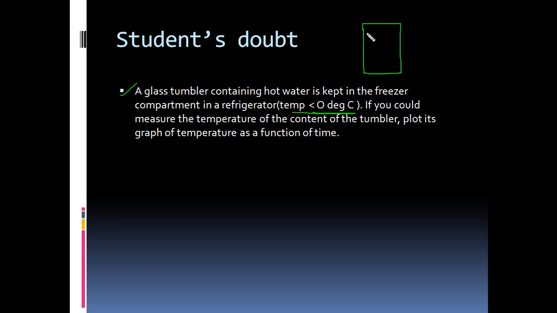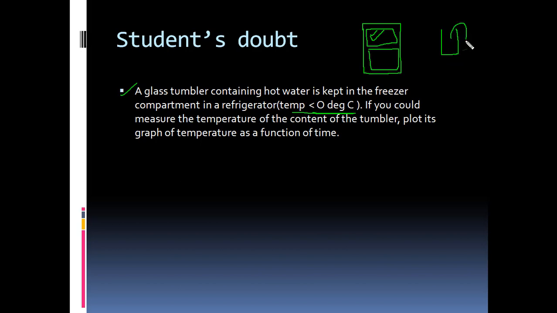You know that in a refrigerator there are two compartments. One is the freezer compartment and the second one is the general compartment. In this freezer compartment we generally make ice and all that. So this is a glass tumbler containing hot water.